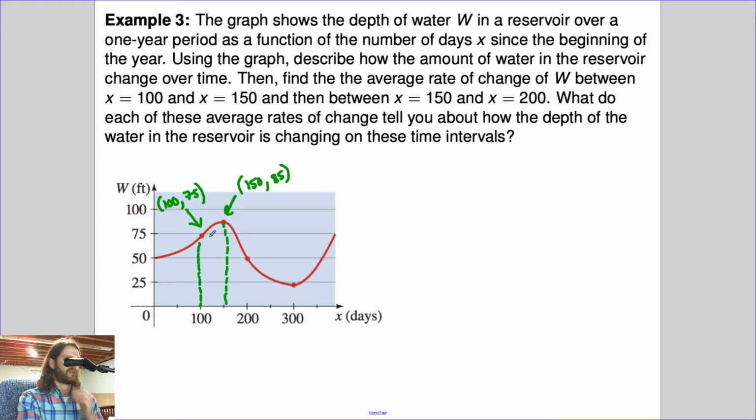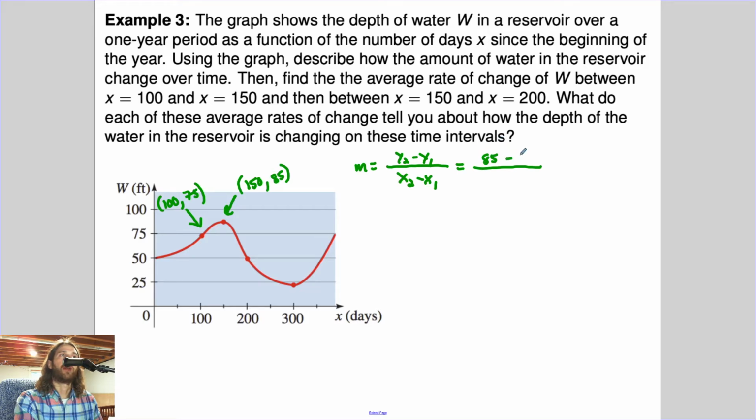To find the average rate of change, all that we are really doing is finding this between those points. We're saying, all right, well, let's calculate that slope. Let's do y2 minus y1 over x2 minus x1. Okay? So we can do that. Let's do 85 minus 75 divided by 150 minus 100.